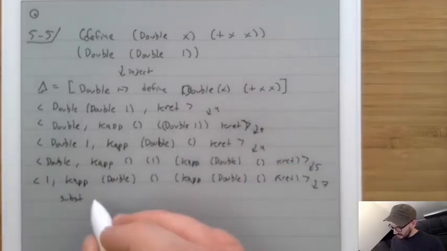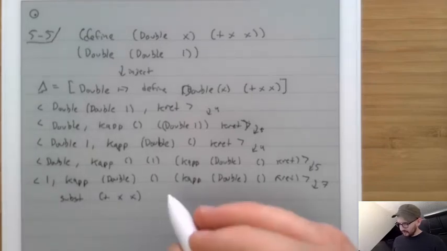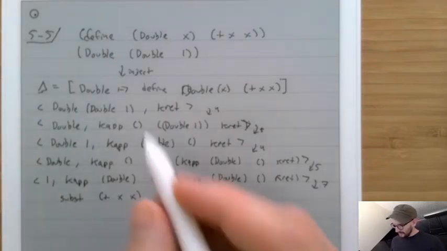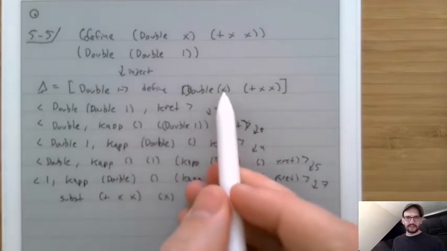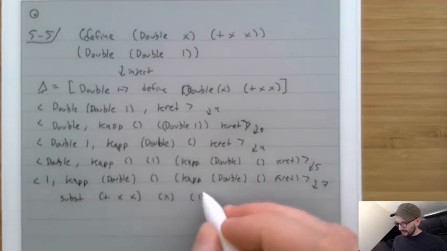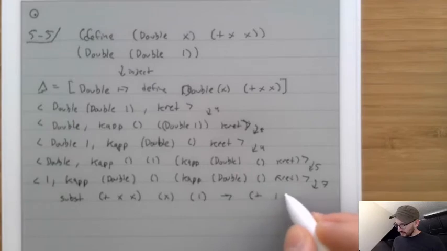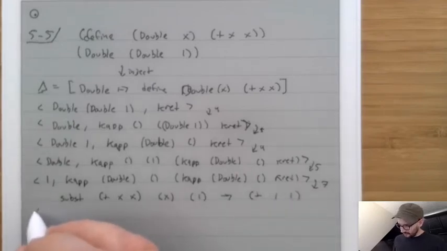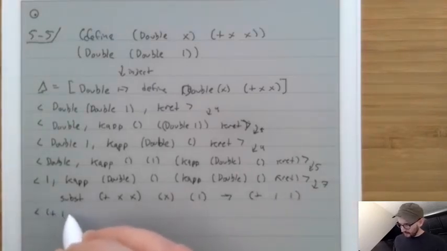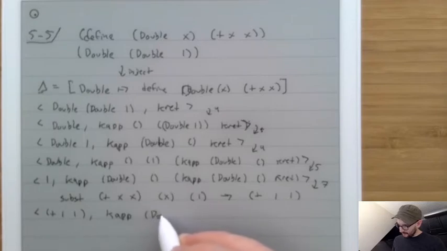The body is plus x x, and we're calling it with the argument name x and the argument value, which is 1. And so that gets us plus 1, 1, and then this original continuation, k-app, double, k-ret.